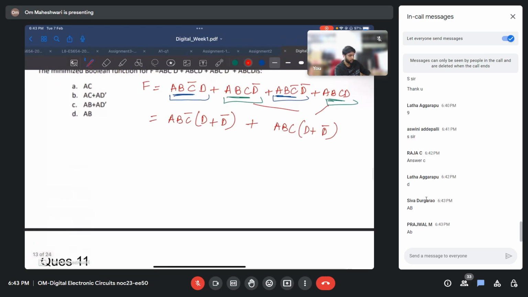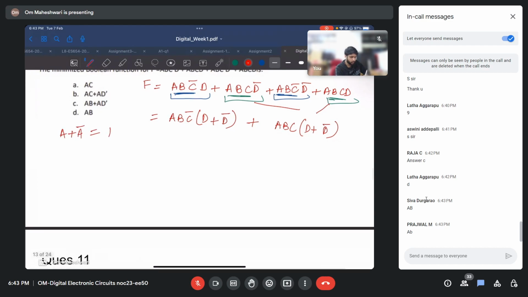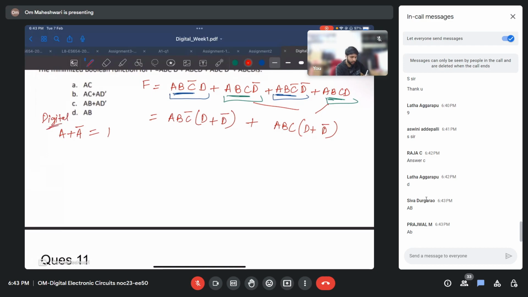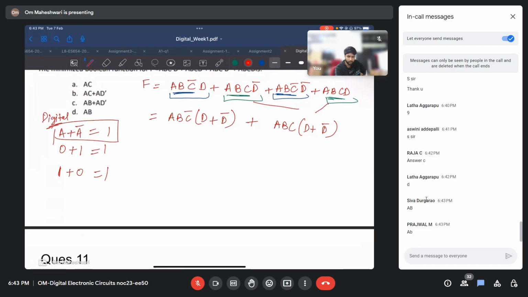So in any circuit, let's say A plus A bar is always equal to 1, because in digital circuits, A can be either 0 or 1, right? If A is 0, A bar will be 1, it will always be 1. If A is 1, A bar will be 0, it will always be 1. That is why A plus A bar is 1.